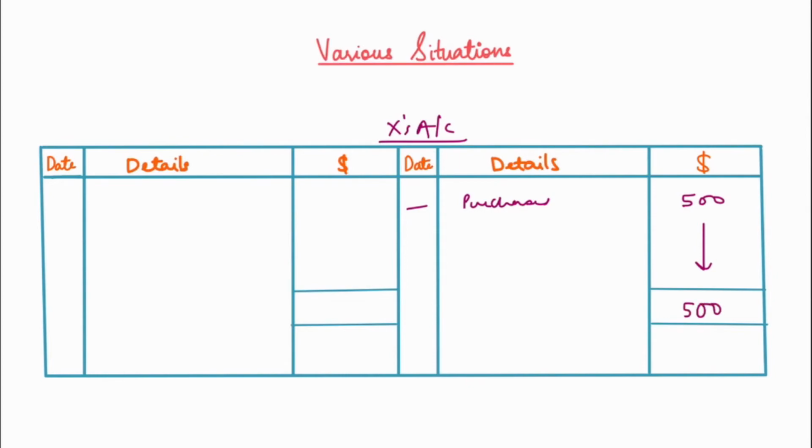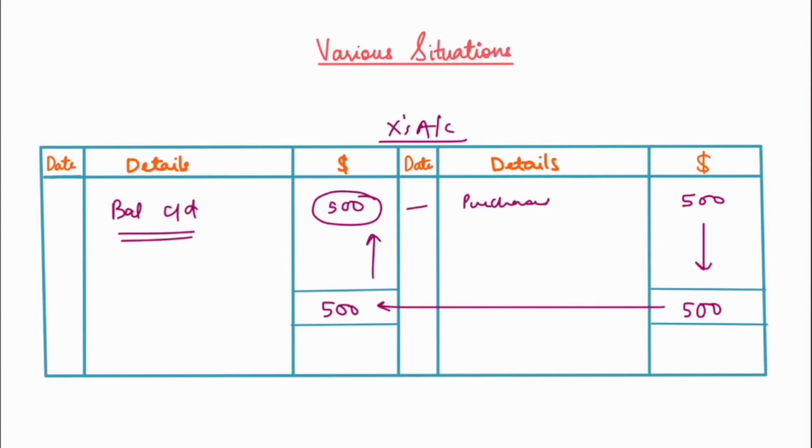Then on the debit side, and then over here 500. This will be your balance carried down on the closing date. And note, it would have been opposite if there had been only one entry on the debit side, and then balance carried down on the credit side.